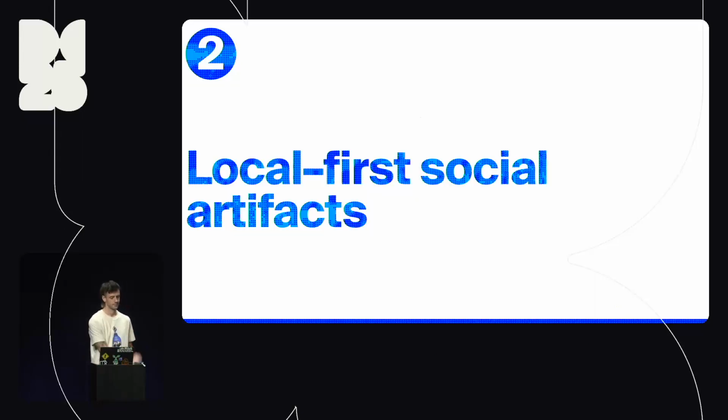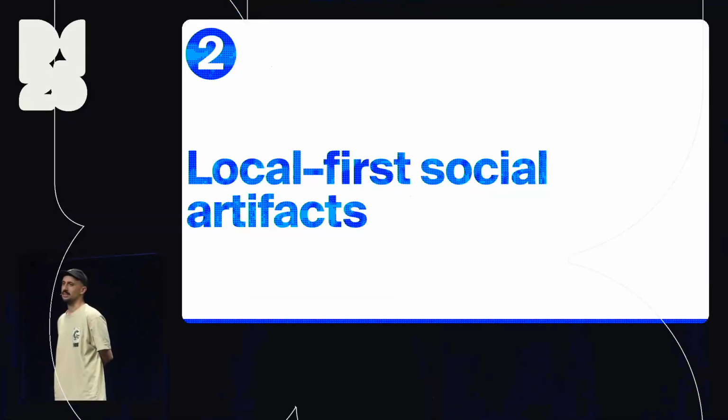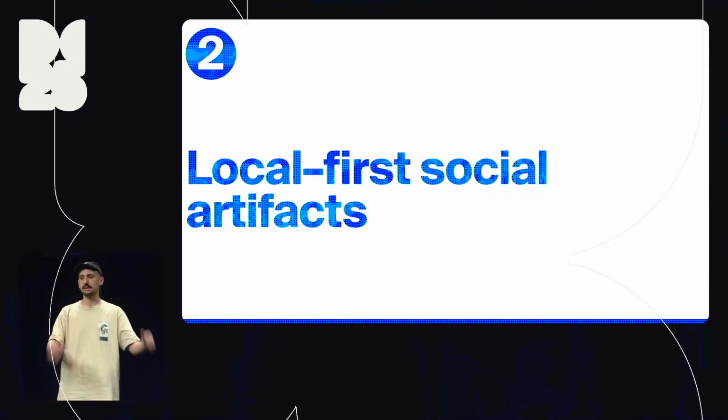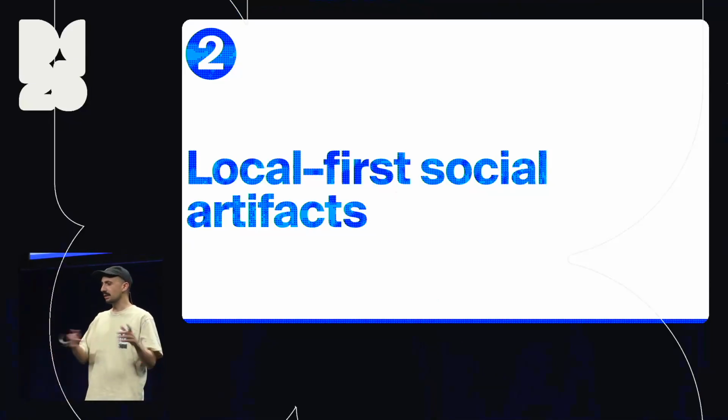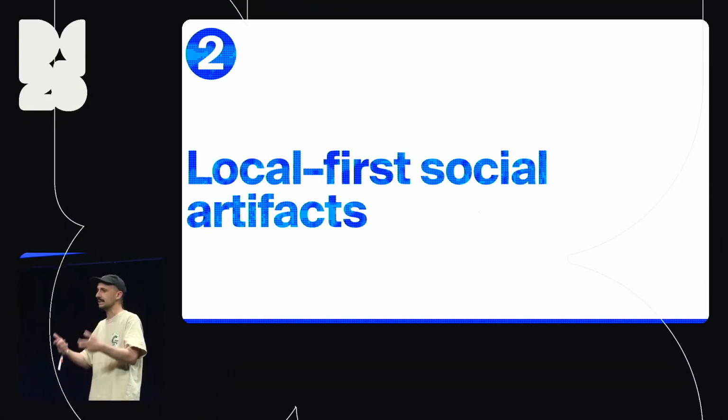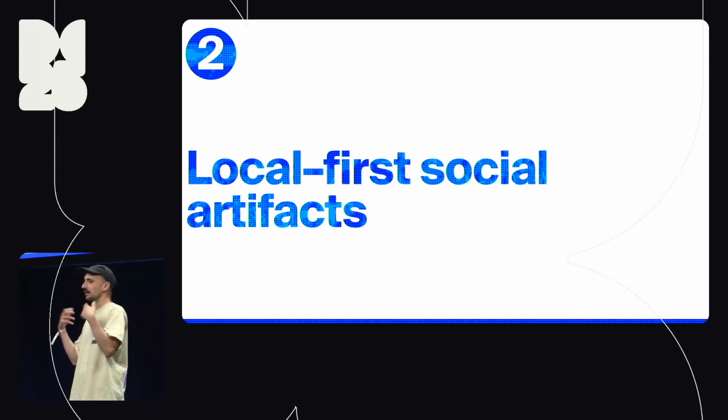The second point that I would like to talk about is that Radicle effectively extends Git with social artifacts. And what's exciting about this, beyond the security properties, is that everything is cryptographically signed, so you can address anything. Additionally, everything is also local first, which gives you really nice performance and a really nice experience.